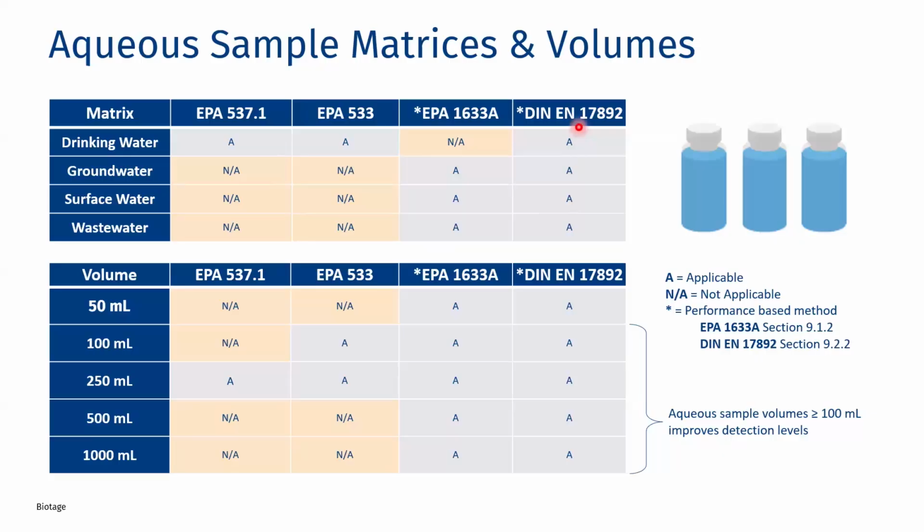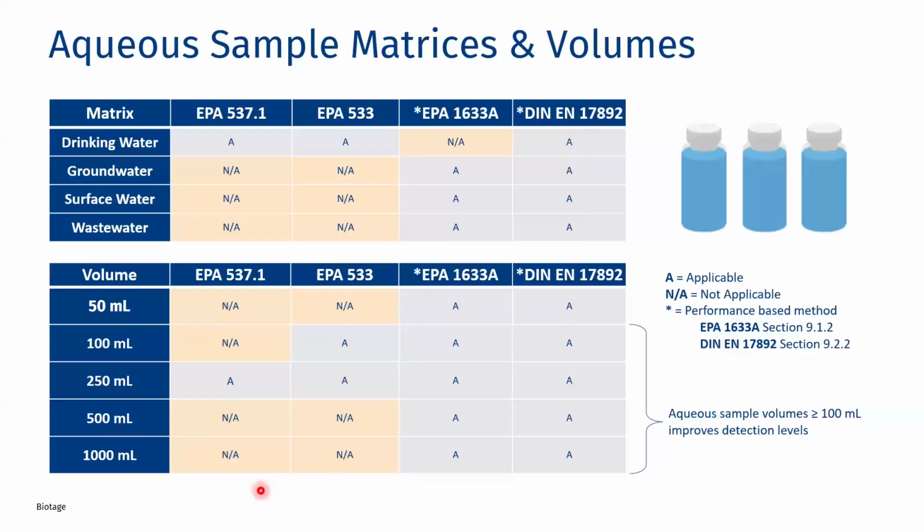DIN, for example, allows all matrices to be applied to this method since it is a performance-based method. And as you can see, both the EPA 1633 and the DIN method are performance-based methods, meaning you do have some flexibility in what matrices can be validated for your lab, as well as the sample volumes.